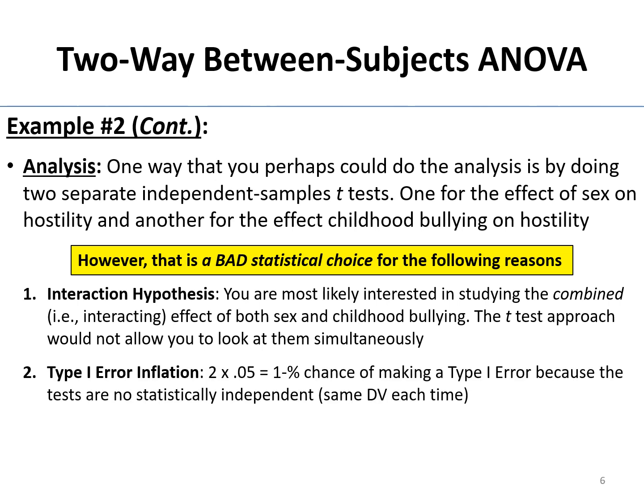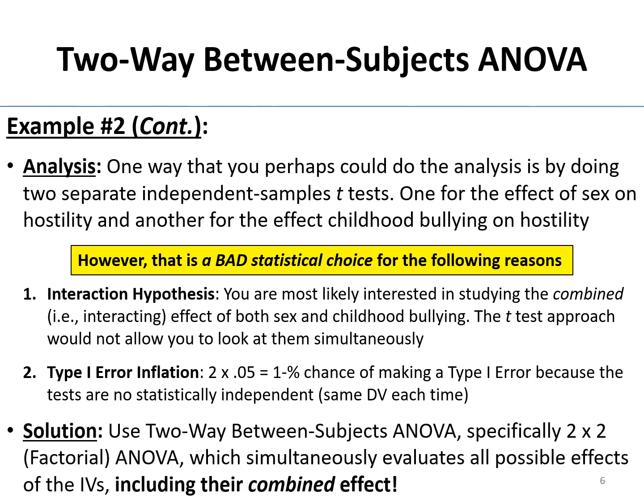The other one is kind of like last semester. You get type 1 error inflation. So you do 2 tests. Each of those tests has a 0.05 type 1 error rate. Together, you end up with a 0.1 type 1 error rate, or a 10% chance of rejecting the null hypothesis when you shouldn't. So what's the solution? Well, the solution is pay attention.